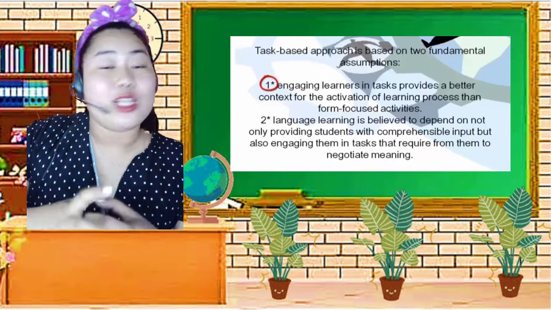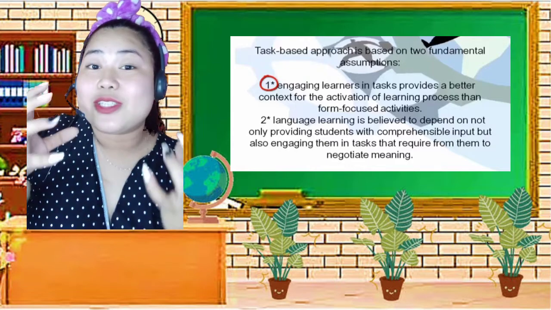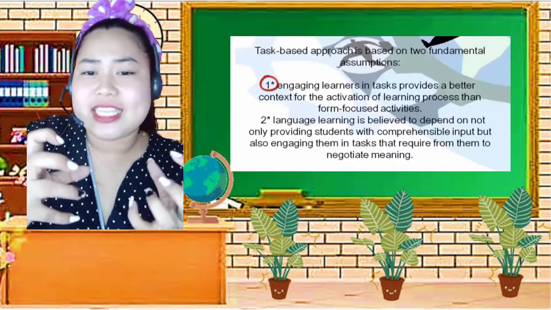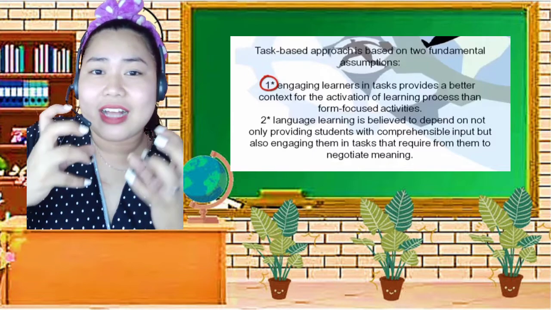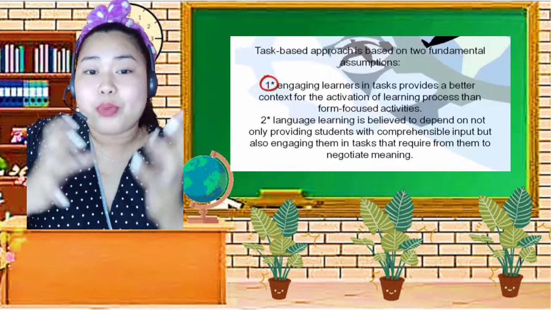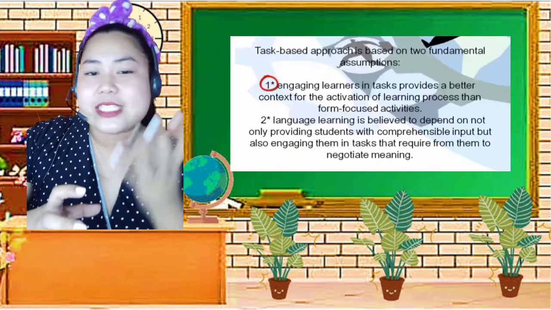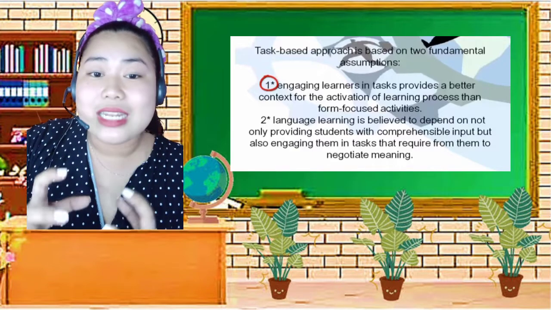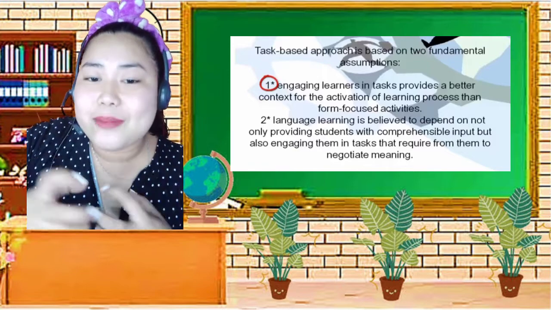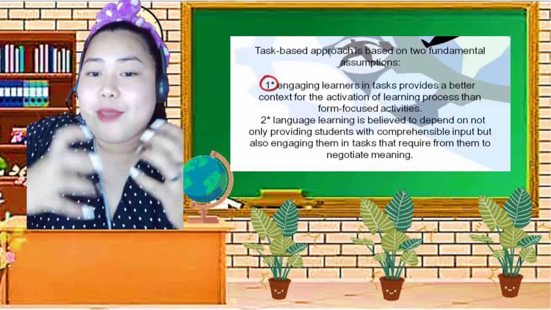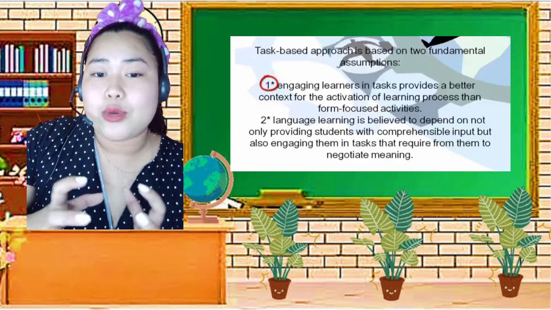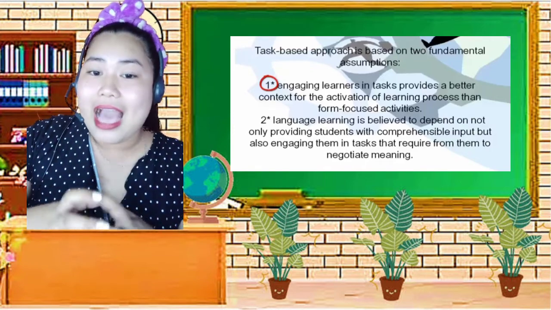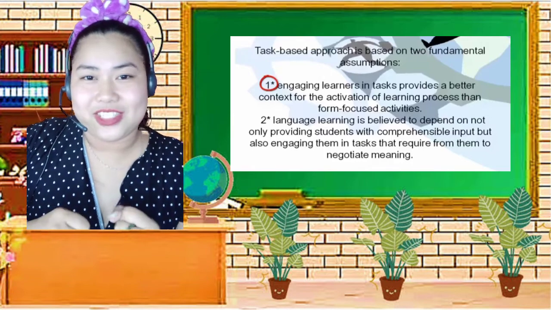It means that for learners to acquire a certain language, they have to produce it, they have to speak that language, they have to practice it. And this means that it is not only comprehensible input that is important, but also the ability of the learners to use and to produce language.